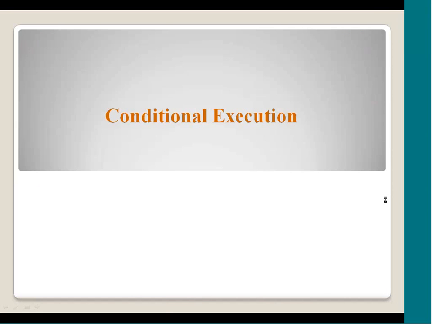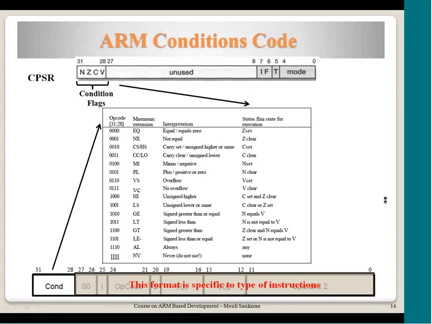Now there is another concept which I am going to talk about: conditional execution. This is also very unique in ARM. You have to understand the difference between this and the previous thing I mentioned.